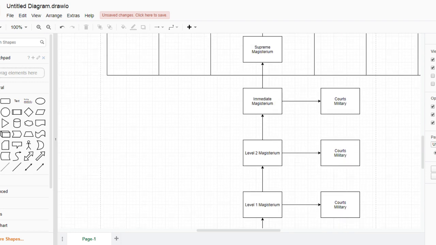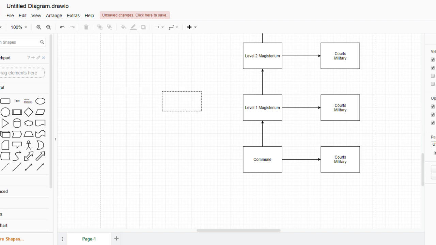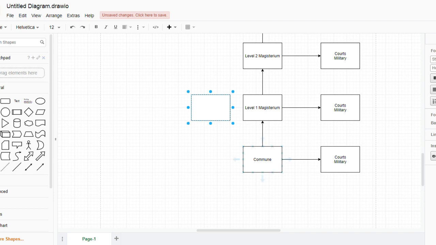Now, there's an additional complexity here, where in addition to the magisteria, there's also an additional level of urban districts, or maybe urban districts is not the same thing, but how about this?